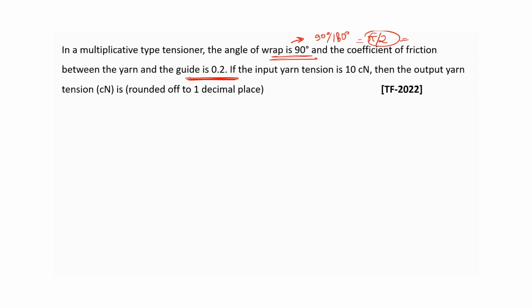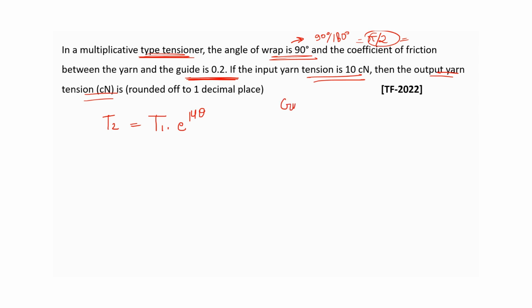If the input yarn tension is 10 centinewton, the output yarn tension in centinewton is. If you have read about the type of tensioner, in the multiplicative type of tensioner, you know the formula that T2 is equal to T1 e to the power mu theta. Mu is the coefficient of friction, that is given as 0.2.